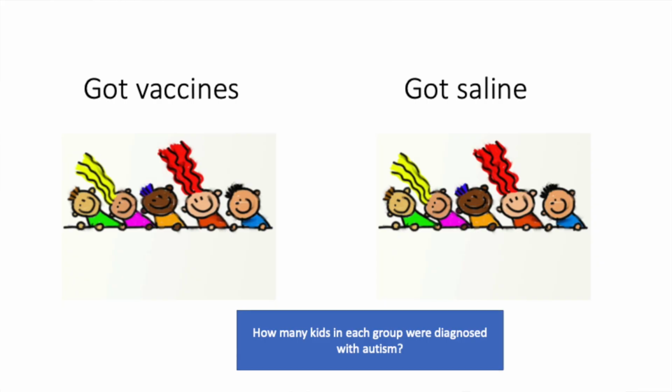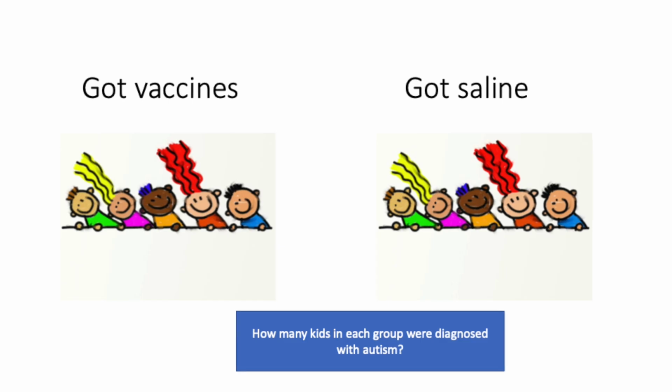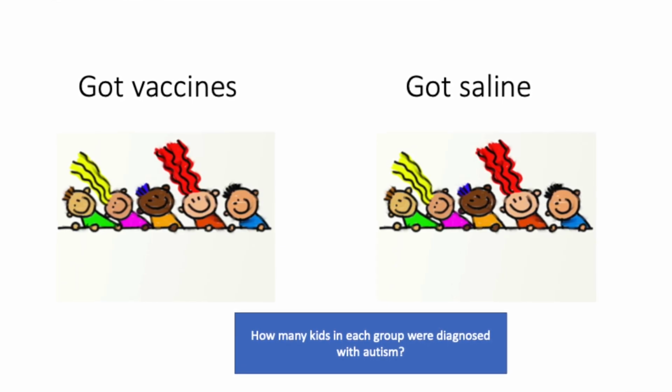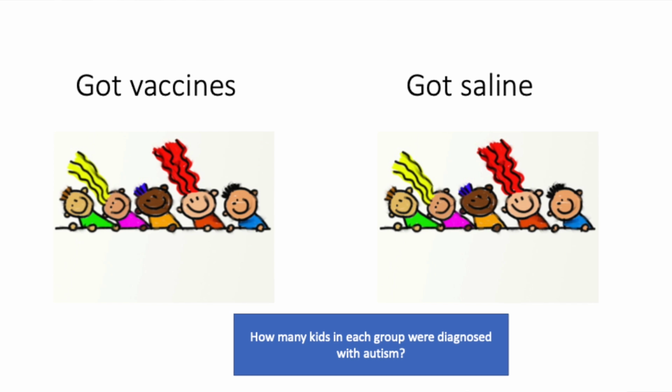In order to draw a causal interpretation that vaccines cause autism, you would have to randomly select a sample of children who would either get a vaccine or not get a vaccine, and then measure the prevalence of autism there. And of course, this is unethical.